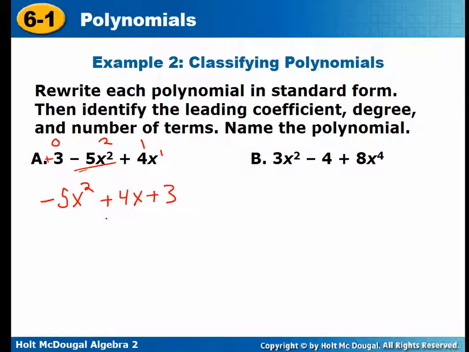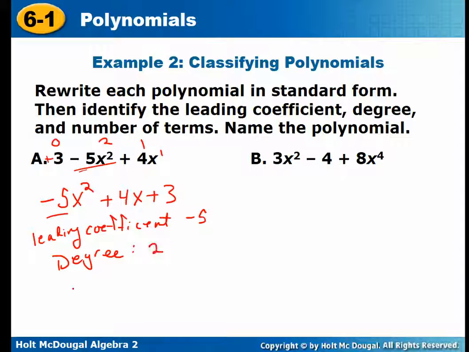Once it's in standard form, it makes it easy to answer the rest of these questions. The leading coefficient is the number in front, so the leading coefficient is, oh, negative 5. The degree is 2, and the number of terms is 3.